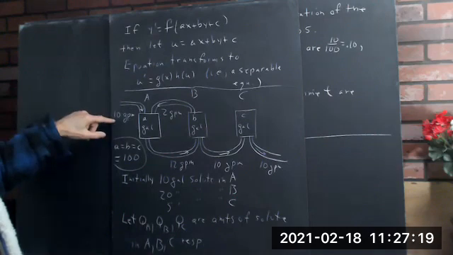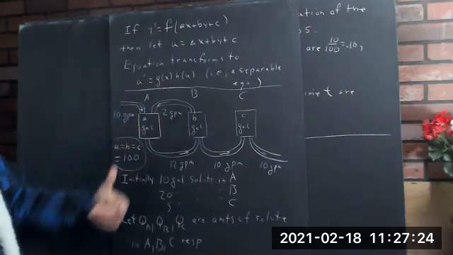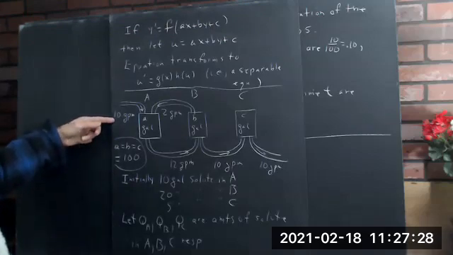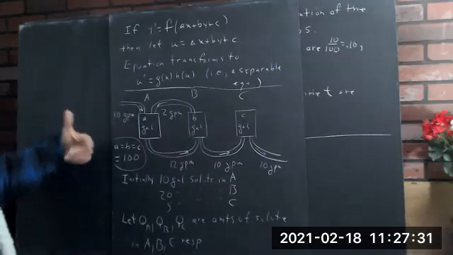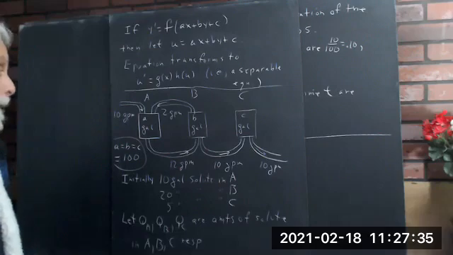At 10 gallons per minute, the concentration is 5%. So we have 5% of 10 gallons per minute, which is 0.5 gallons per minute coming in.